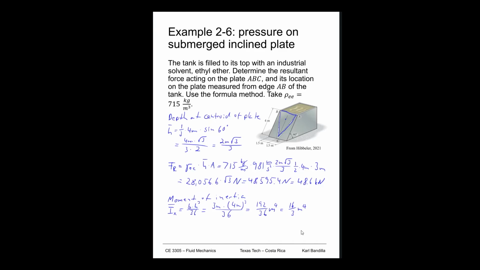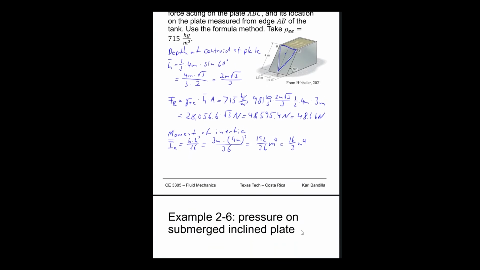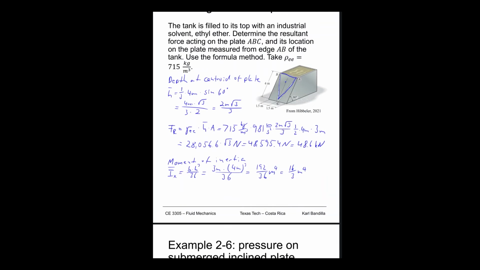So then we can plug that into our equation for the location of pressure, but maybe we'll do that on the next page, where we have a little more space. Our YP is equal to Y bar plus Ix bar over Y bar times A. We already know what our Y bar is, that's what we calculated earlier, how far along the plate we are.